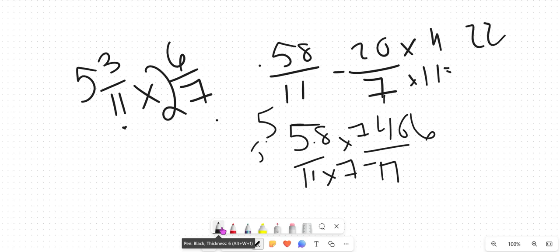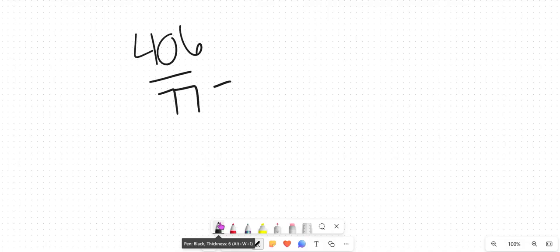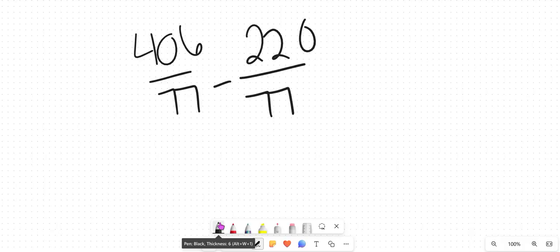And that gives us 220 over 77. I'm just going to erase this to give me more room. So now we have 406 over 77 minus 220 over 77. 406 minus 220 is 186 over 77.